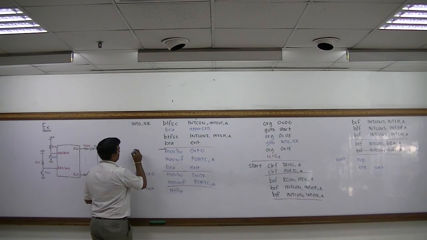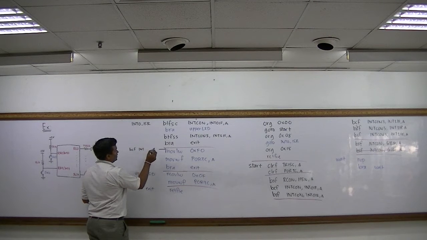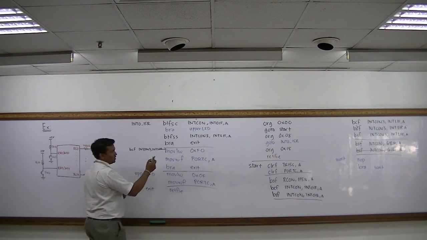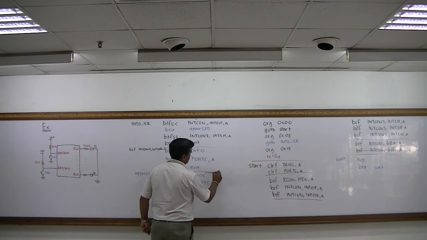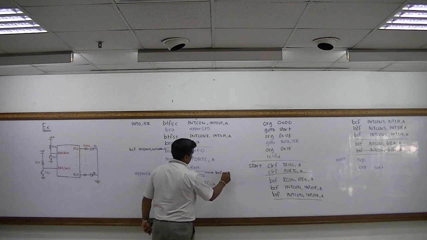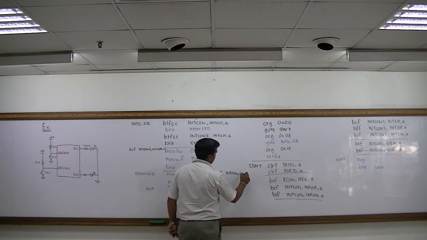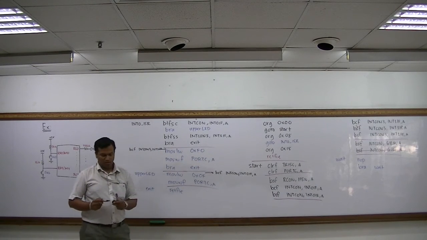Yes, you should clear the F and T on 3 flag. You should clear the flag first. Same goes for this one. Here you should clear the flag. I forgot that one line.